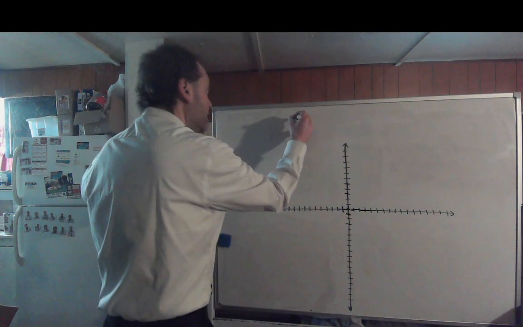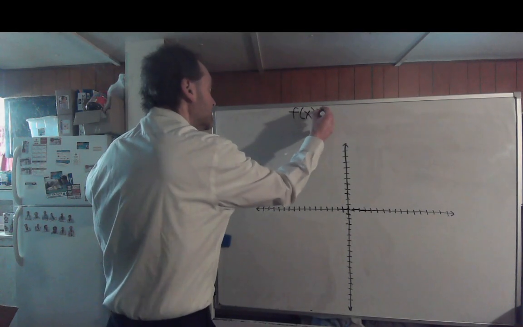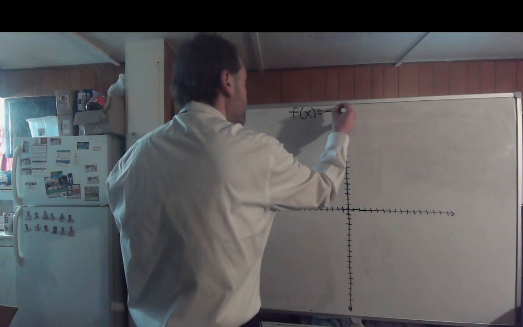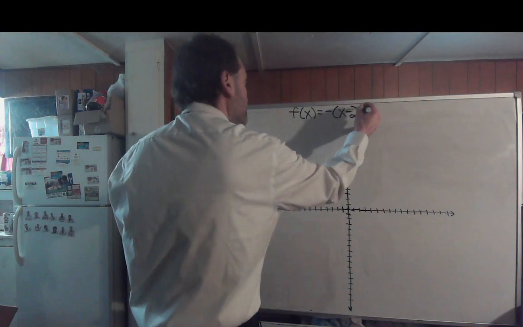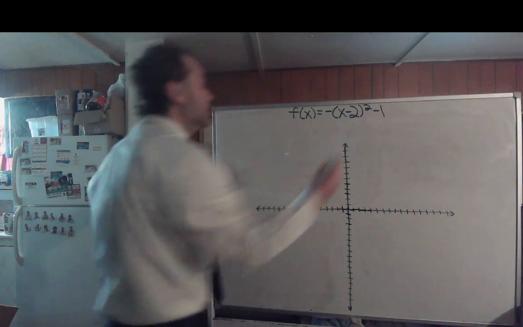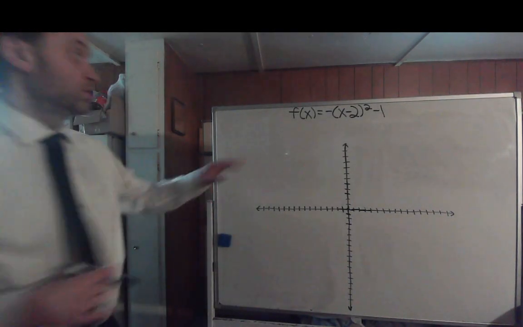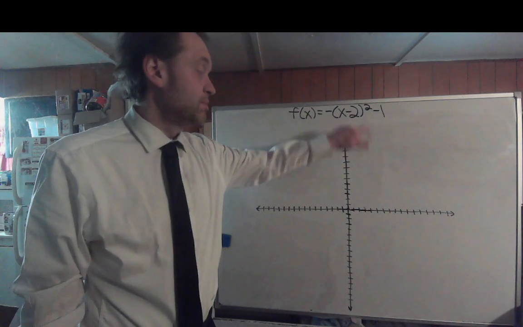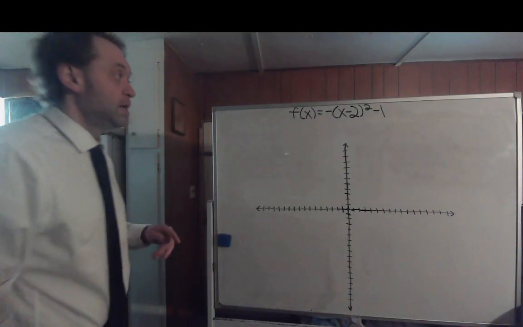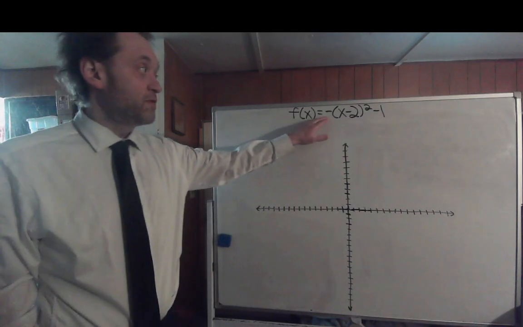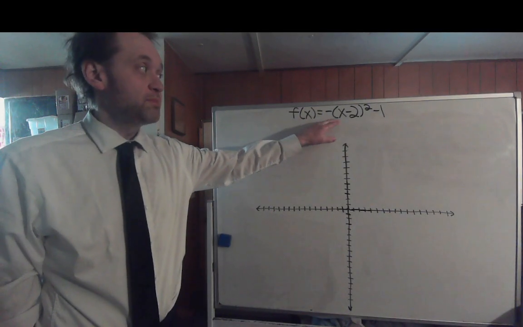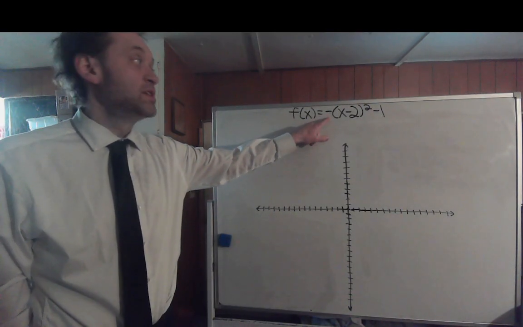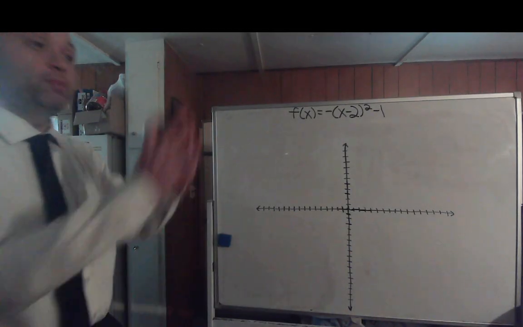Okay, what if we had f of x equals negative of x minus 2, that quantity squared, minus 1. So f of x equals negative of the quantity of x minus 2 squared minus 1. So right away we notice the coefficient, that a on that x minus 2 squared term is a negative. We have a negative sign. So that means the parabola is going to actually open downward.